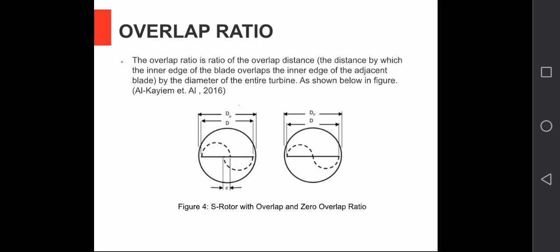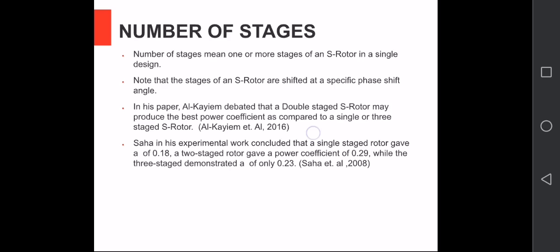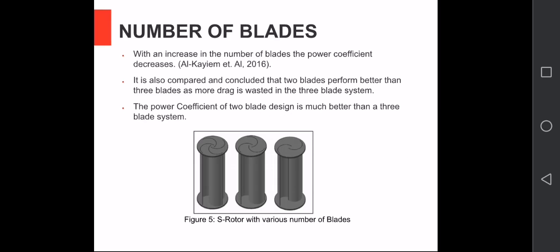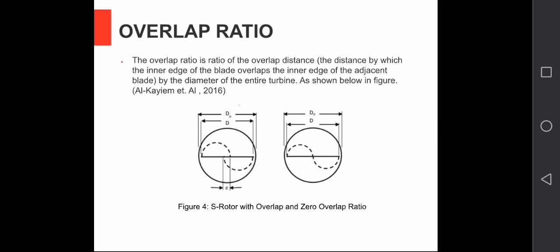As you can see, there is some distance between the two blades, and I can show it to you in this picture as well. There isn't any overlap ratio in the blade shaft, and this was decided after those papers were studied, and this is the result.